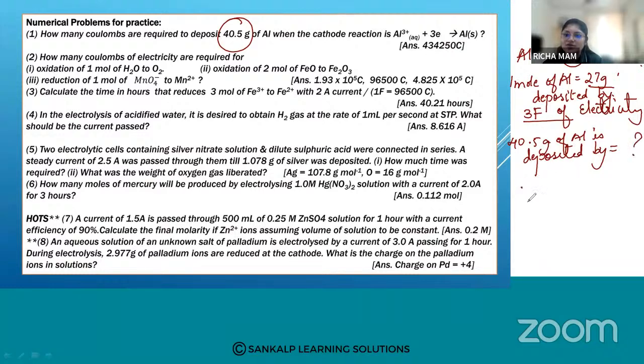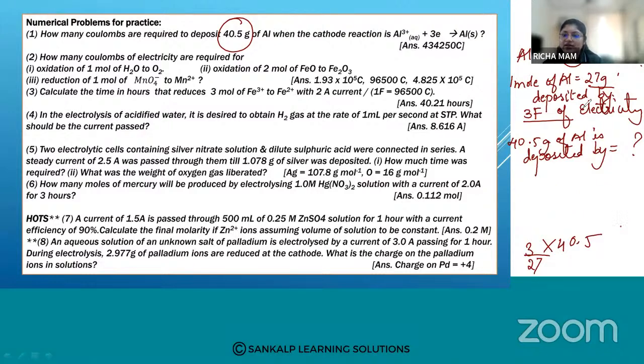So 1 mole of Al, that is 27 grams, is deposited by 3 Faraday. For 40.5, how much? Understood? Cross multiplication.